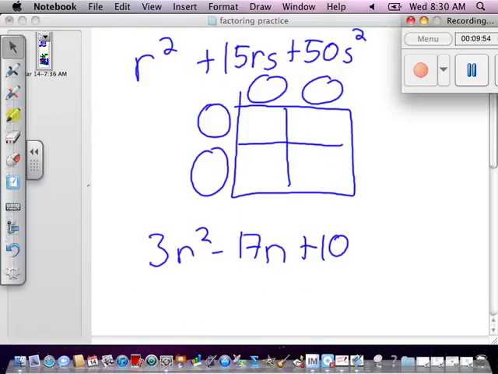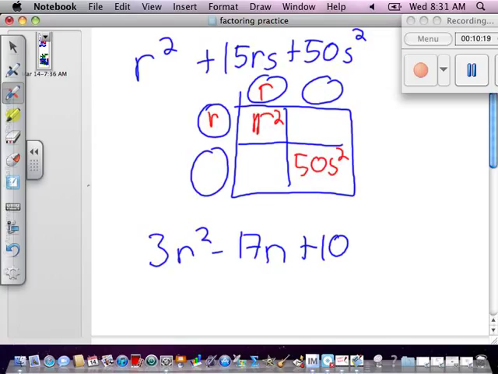So let's do this one, ladies and gentlemen. Let's look at this. We know we've got r squared here. We've got r squared right here, and we have 50s squared down here. All right, so what I know is this has to be r, and this has to be r, because it's the only things that will give me r squared.